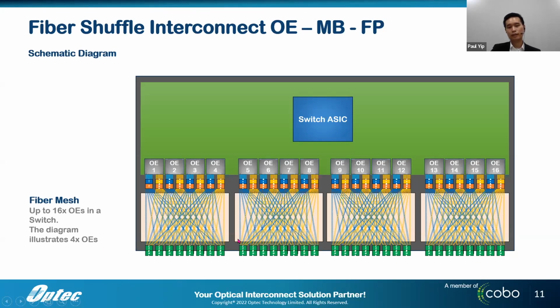In total in this scenario, there are 1,024 fibers inside the chassis and 64 connectors on the front panel. So the other advantage of this is to facilitate high density faceplate applications.